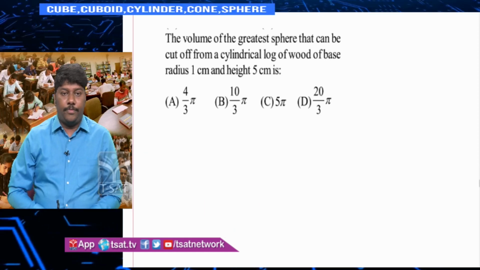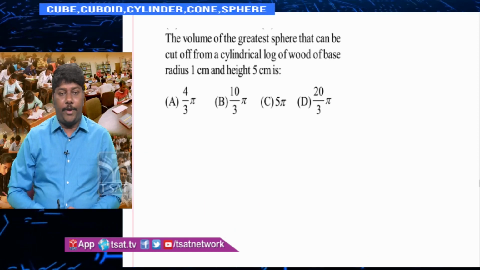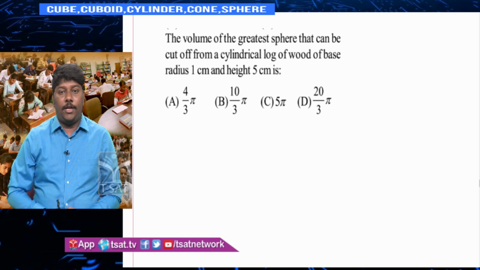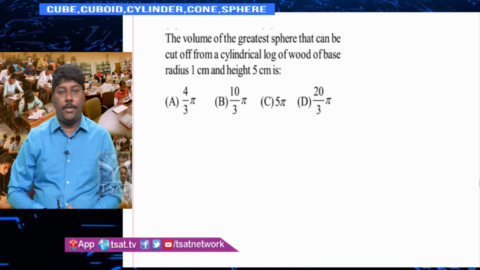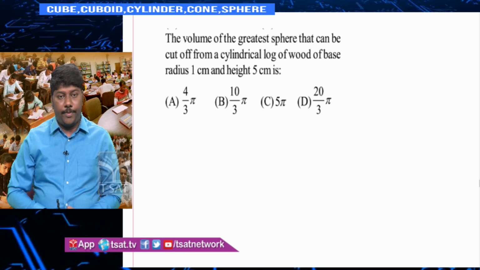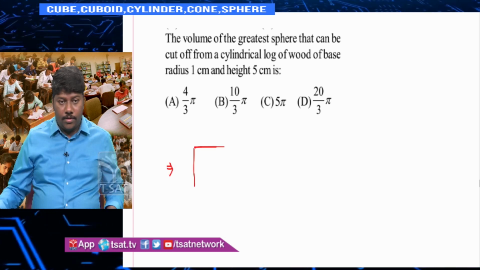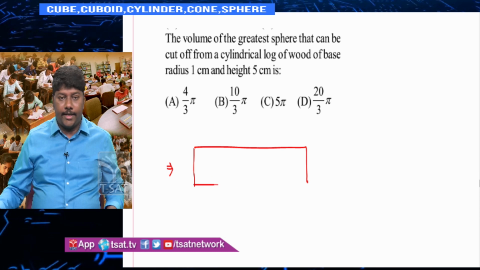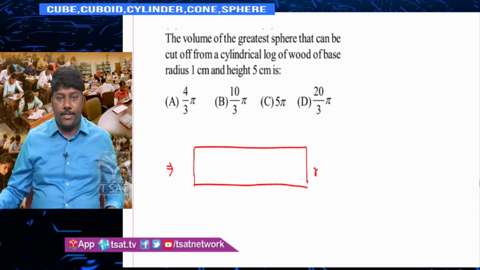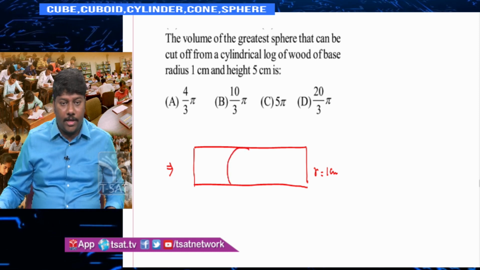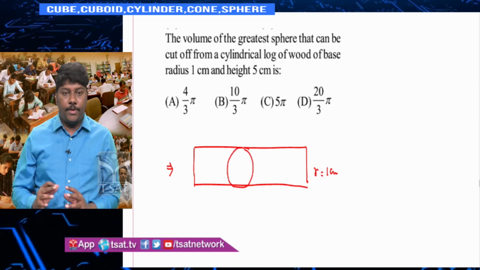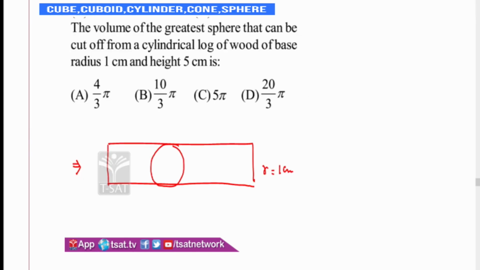Now look at this question. The volume of the greatest sphere that can be cut off from a cylindrical log of wood of base radius 1 centimeter and height 5 centimeters is. So you are cutting a sphere out of a log of wood. The front view of the wood is like a rectangle and the radius is 1 centimeter only. Therefore the maximum sphere you can cut out has radius 1 only, because you can't cut a sphere greater than radius 1 centimeter.